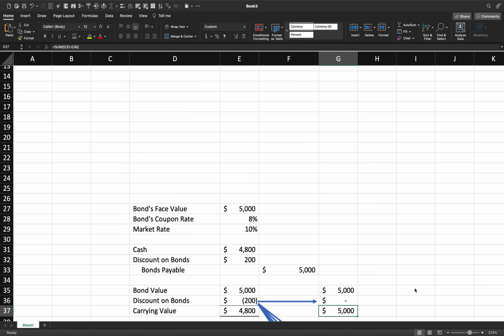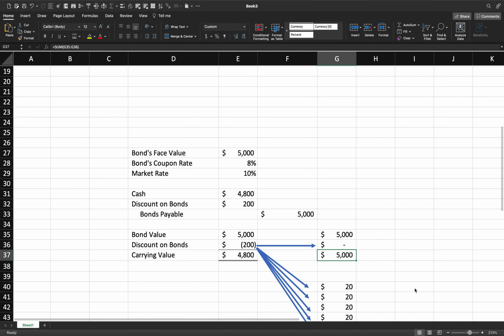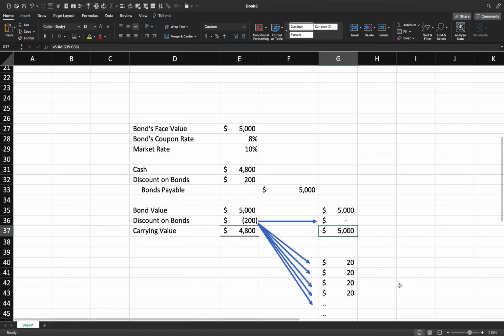This discount on bonds payable, therefore, needs to be eliminated over the term of bonds. This is known as amortization of discount on bonds payable, where we take 1/10 of the discount, which is 20 in this case, and we destroy it by expensing it over the term of the bonds.